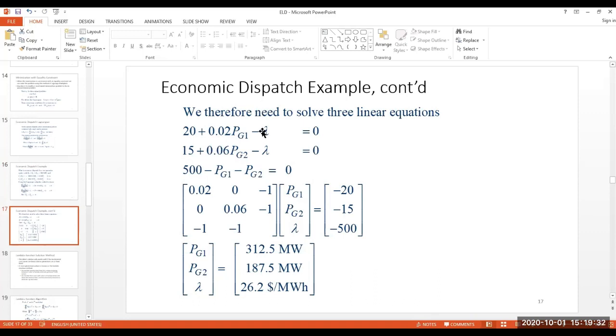There is a 1 lambda with a minus sign, so it's -1, and so on. Okay, remember you have to take these 500 to the other side. So this is the matrix here, filled up by the constant values, and then simply you take the inverse of this, take it to the other side, and simply you get the result. Okay. Any question up to now?